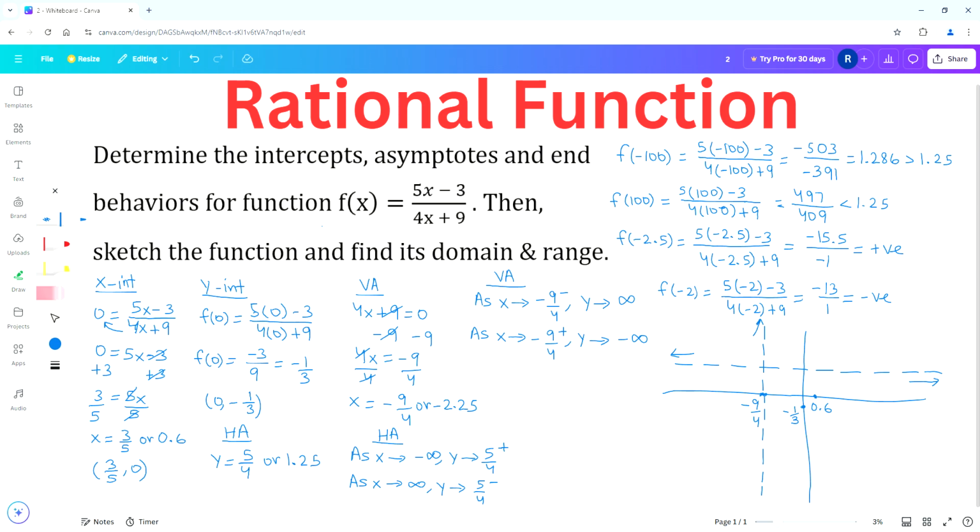And on the right side, it approaches negative infinity. Now we can join the end behaviors. So this can be the sketch of this rational function.